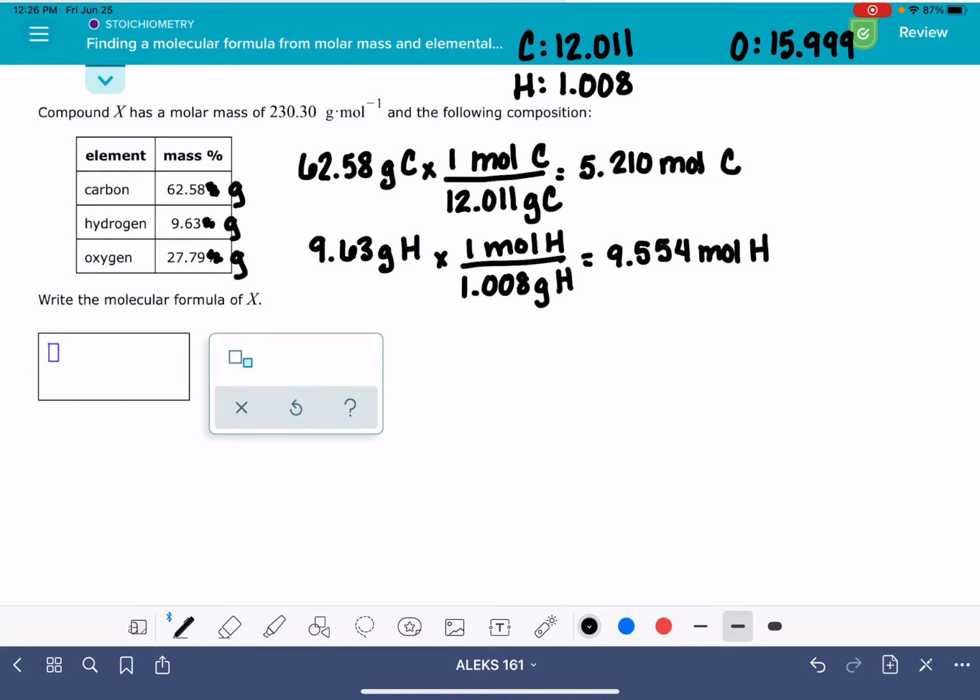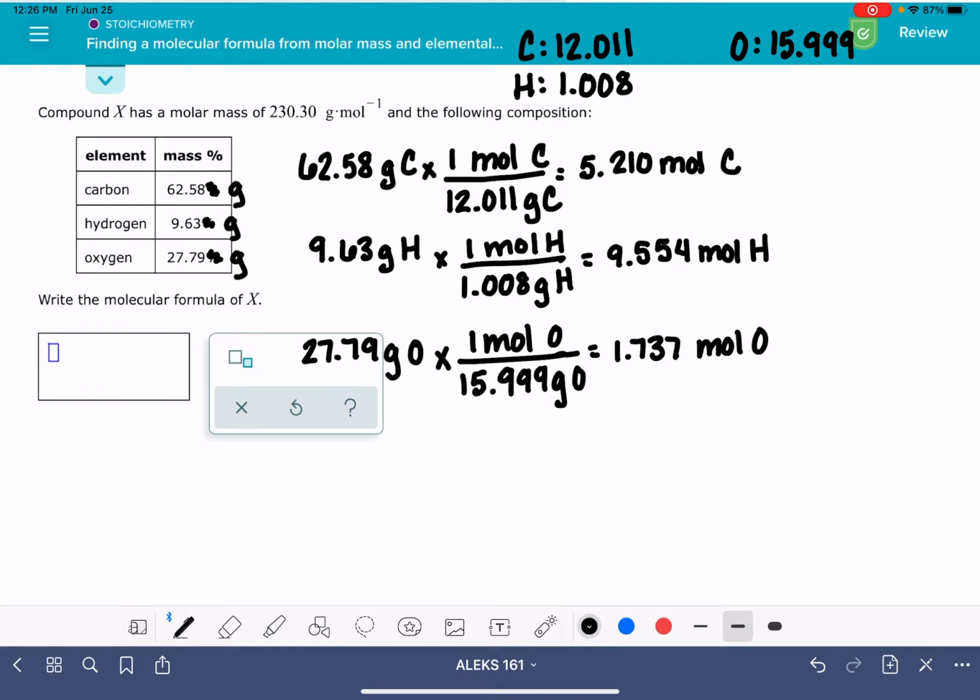And then last we have our oxygen, 27.79 grams of oxygen. Use the atomic mass. 1 mole of oxygen is 15.999 grams of oxygen. And so that is 1.737 moles of oxygen. So this is going to be our mole to mole to mole ratio.